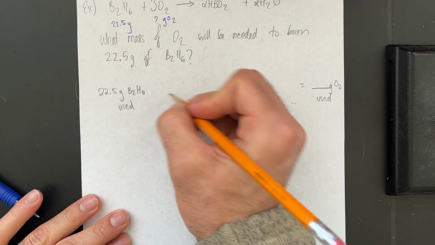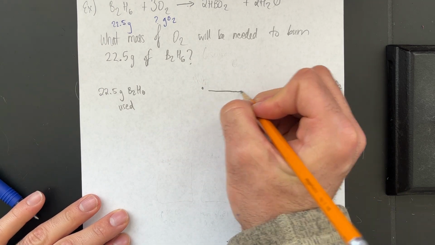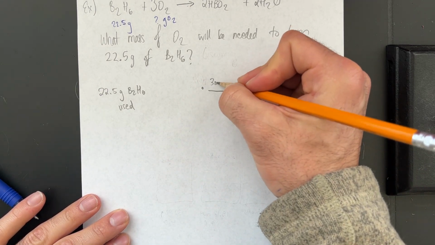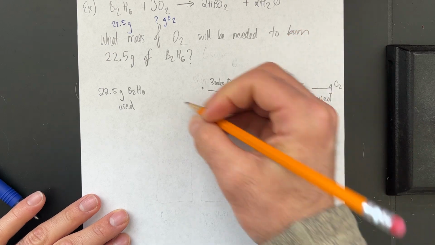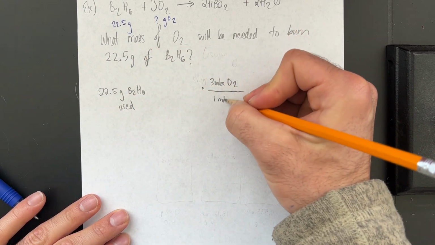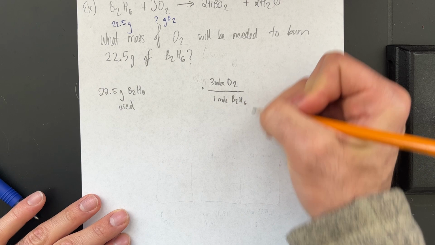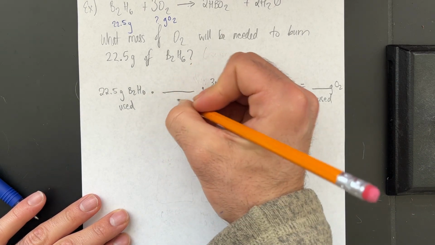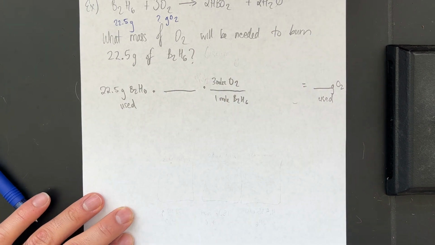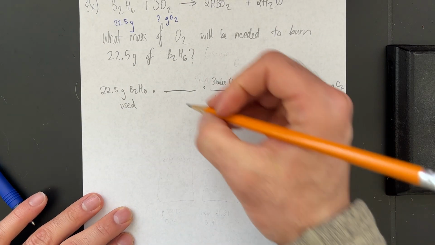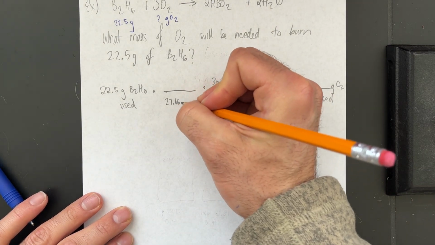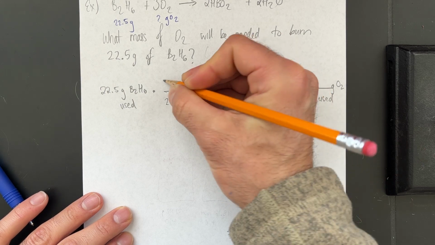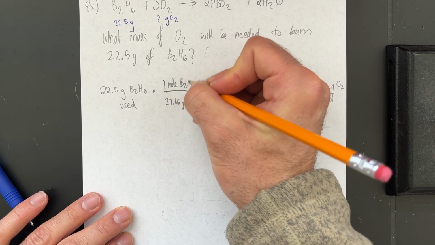Well, we know that for every 3 moles of O2, you are going to have 1 mole of B2H6. Now, the only issue is we first need to convert from grams to moles in order to use this. And so converting from grams to moles is 27.66 grams of B2H6 per every 1 mole of B2H6.